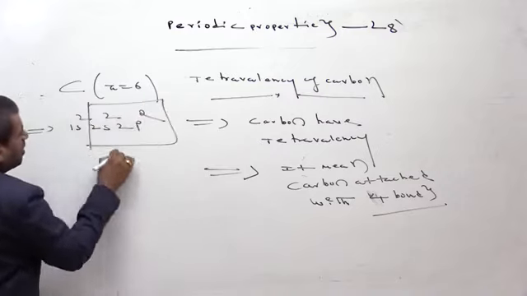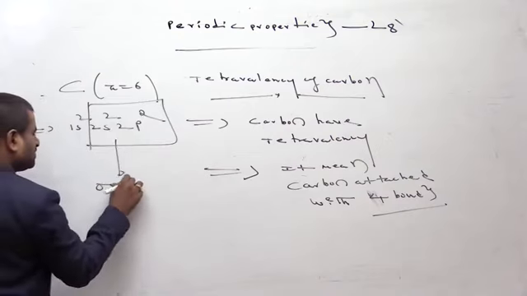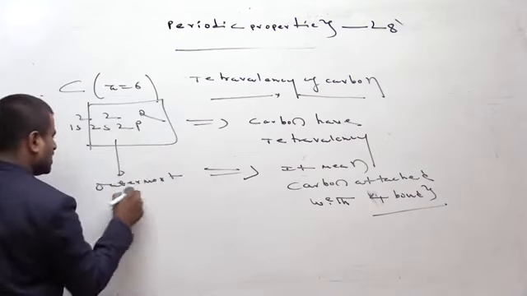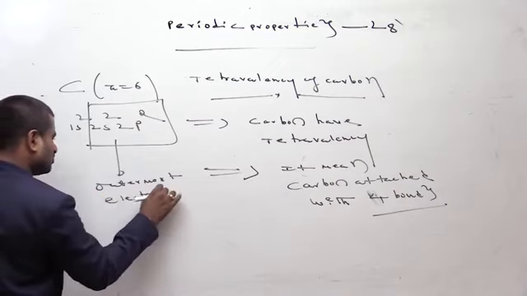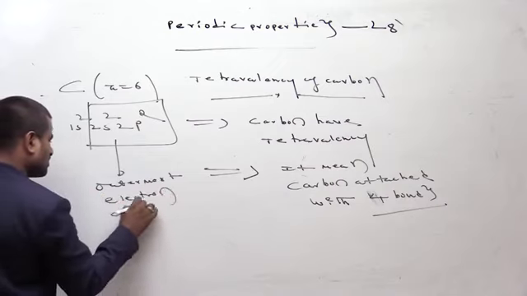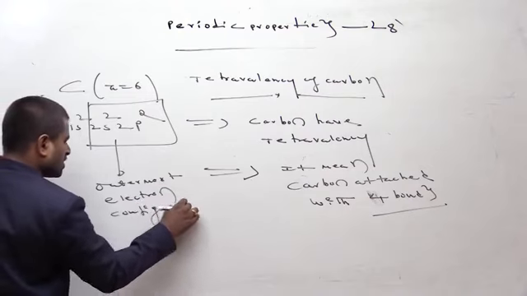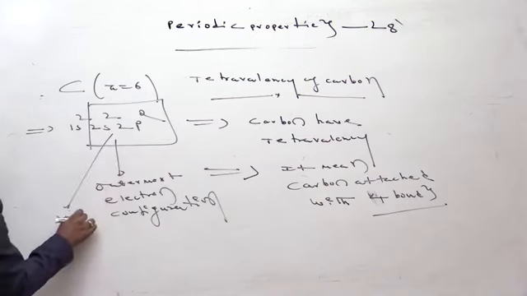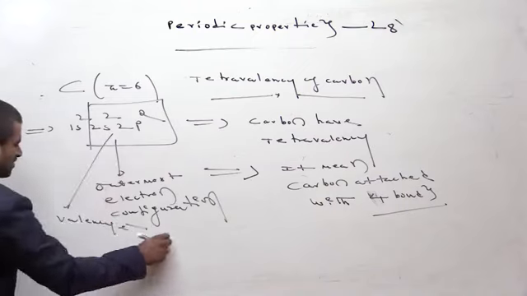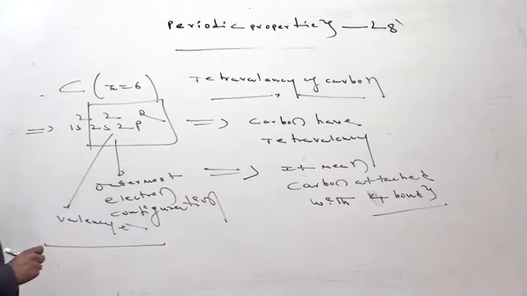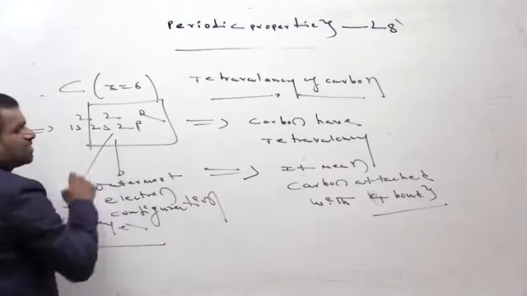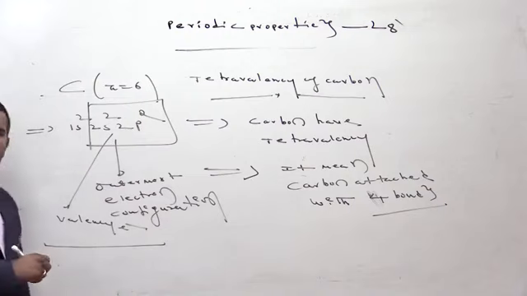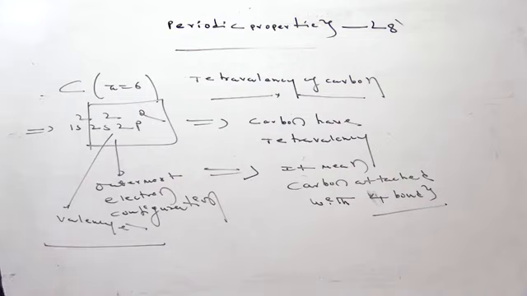The electrons in the outermost shell are called valency electrons. In the outermost shell, there are 4 electrons, so the octet is incomplete. To complete the octet, 4 electrons are required. That is why carbon is always attached to 4 bonds.